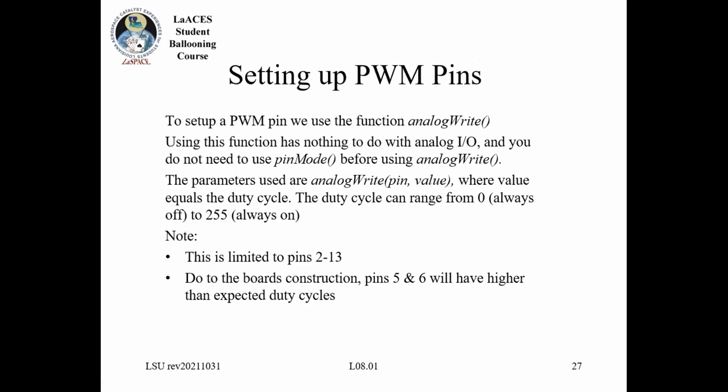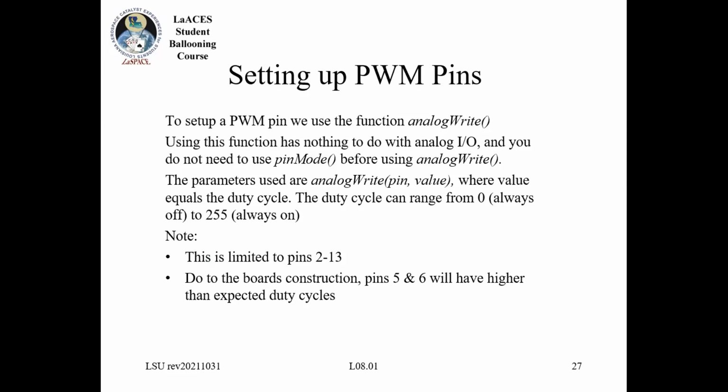So for the pulse width modulation pins, there is a function called analogWrite. And what that is going to do is set up how long of that pulse it's going to be on.